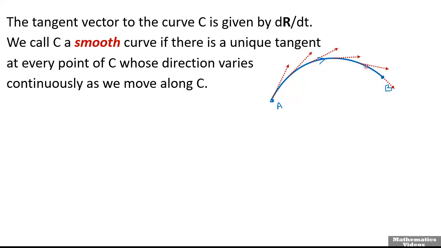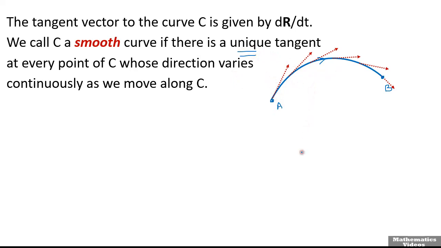Furthermore, there is no point in this curve at which there are two or more tangents. So the tangent vector is defined in a unique way at every point of the curve C. According to this definition, this curve is a smooth curve.